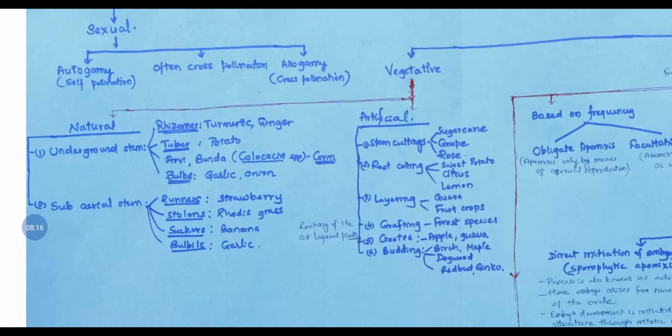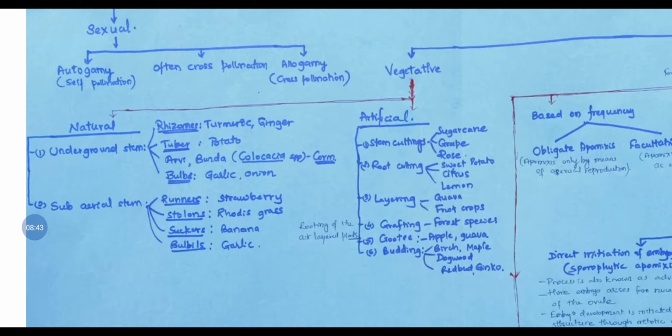And now we shall discuss artificial vegetative reproduction, like stem cutting. Stem cutting we practice in sugarcane, grapes, rose, etc. Root cuttings are obtained from sweet potato, citrus, lemon. Layering is generally practiced as air layering, found in guava and fruit crops.